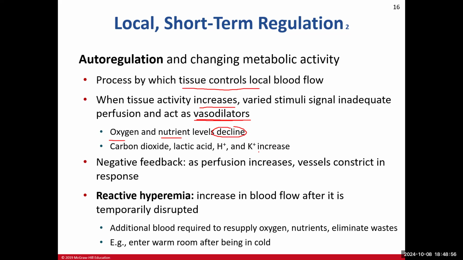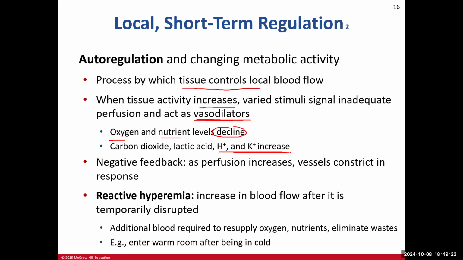Conversely, we'll see an increase in carbon dioxide and lactic acid. If you know what lactic acid is, it is when you break down a glucose molecule into pyruvate. If there's no oxygen present, then your body converts pyruvate into lactate, or lactic acid. Everyone knows lactic acid more commonly because it makes their muscles sore.